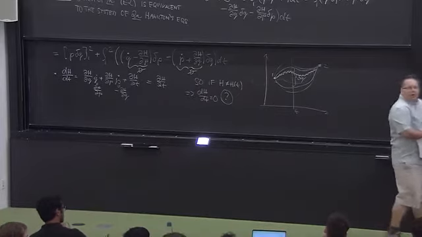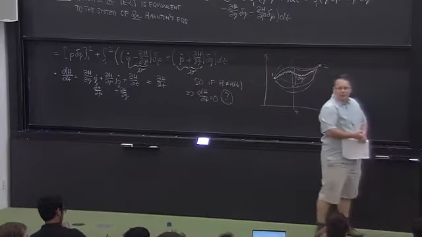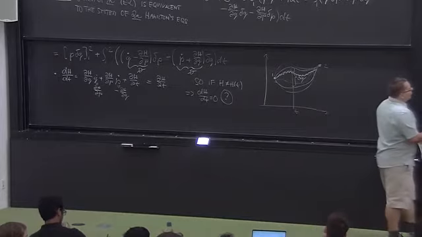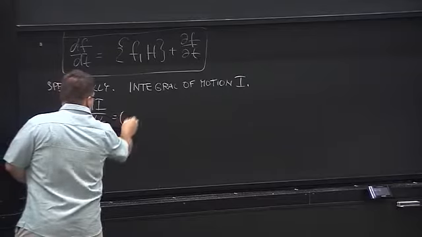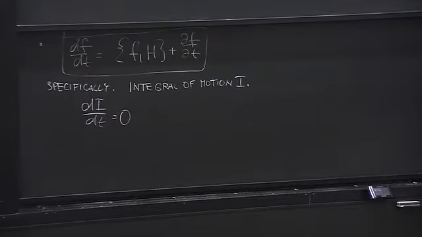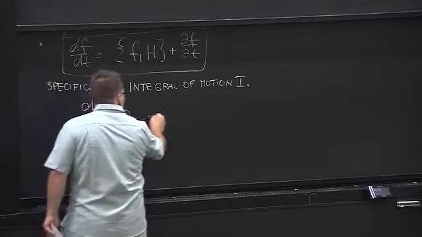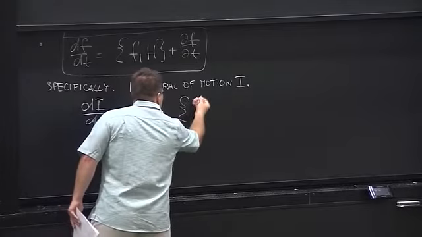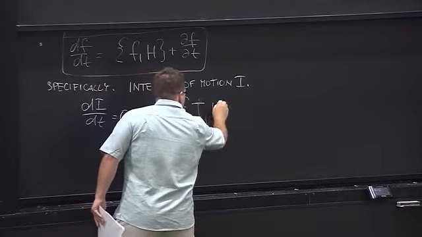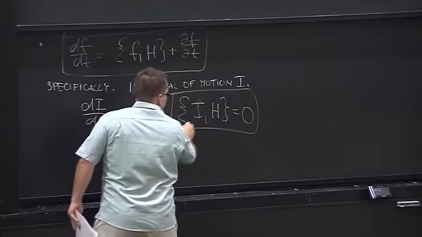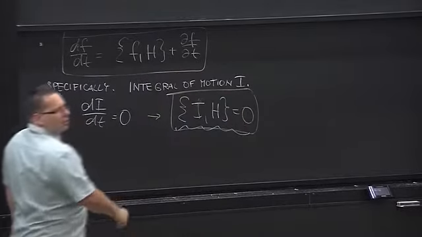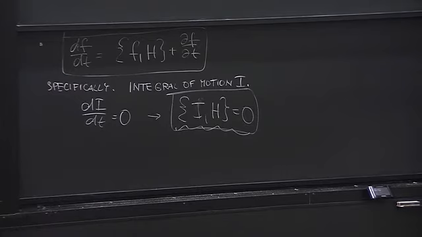This will never happen if I depends on time explicitly. So if I want dI over dt equal to 0, by definition from Lagrangian mechanics from yesterday, that means that the Poisson bracket of I and H has to be equal to 0, and people take this as a definition of an integral of motion in Hamiltonian mechanics.